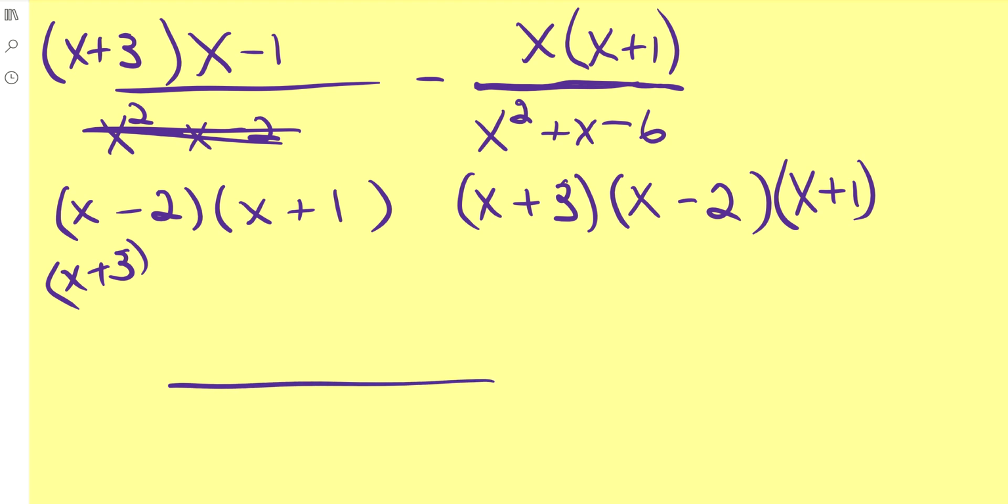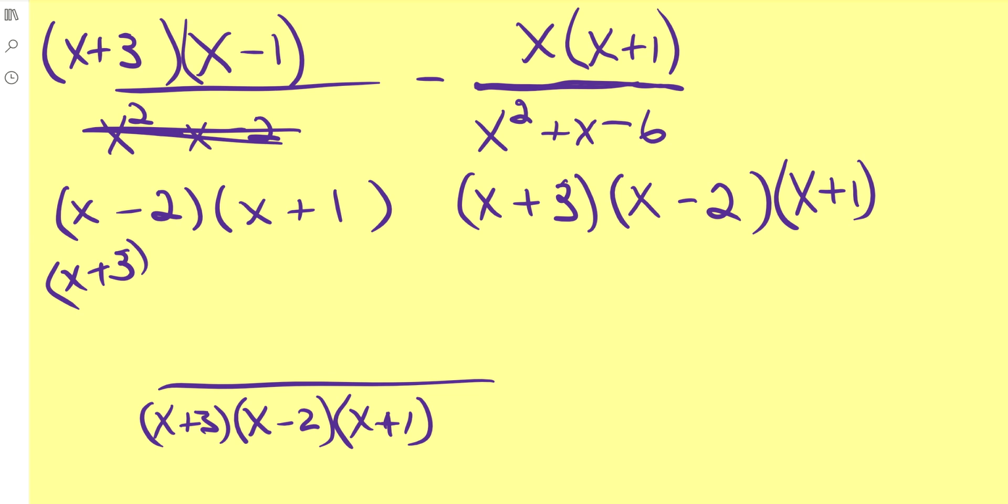So let's see if I do it this way. I've got x plus 3, x minus 2, times x plus 1. Denominators that are the same. All right, then my numerator here. Well, I'm going to distribute the x going back. Or this is x minus 1, right? Yeah.